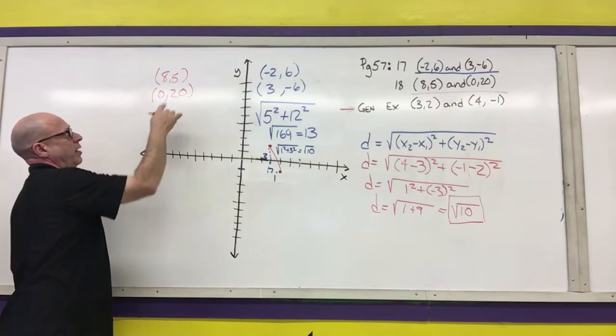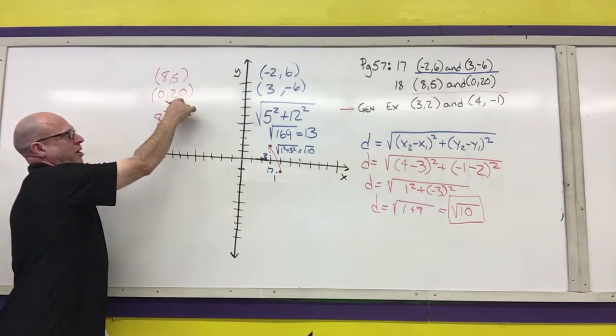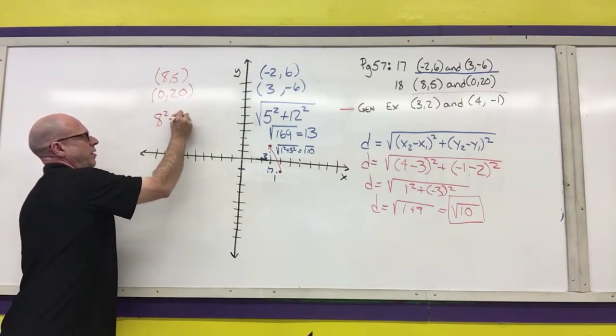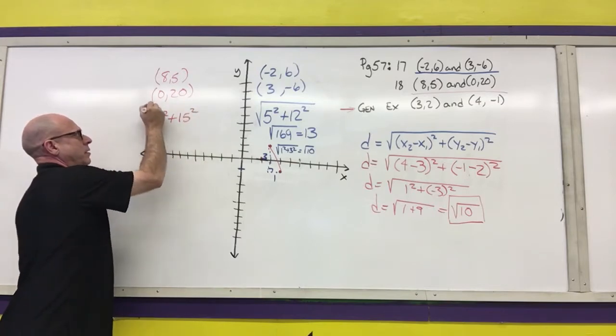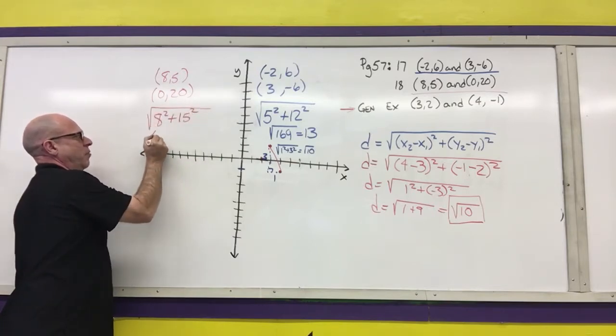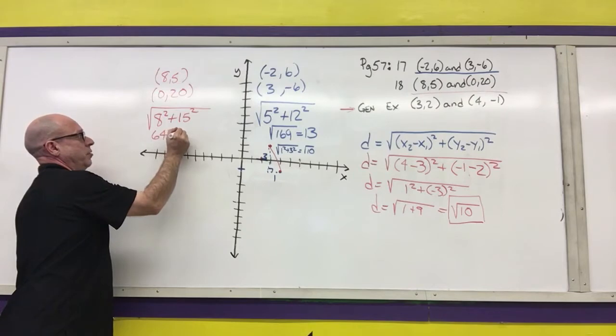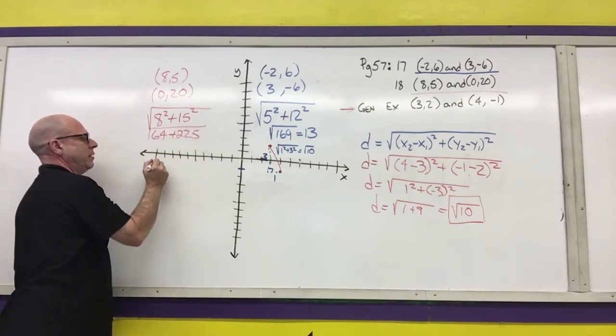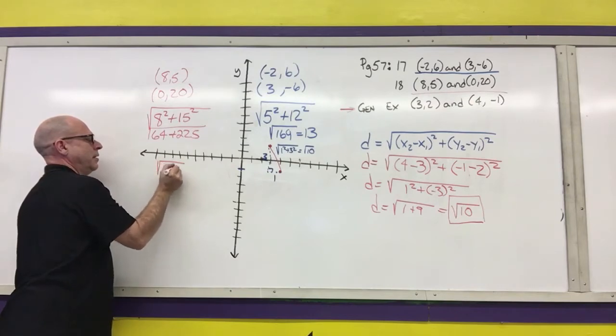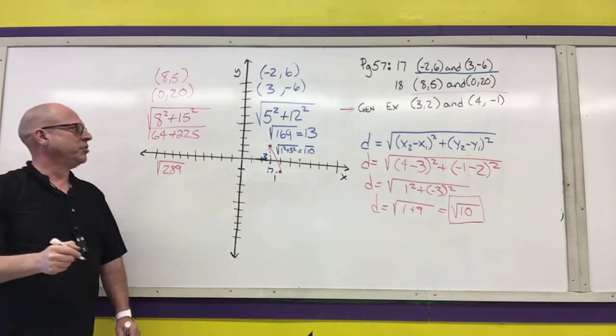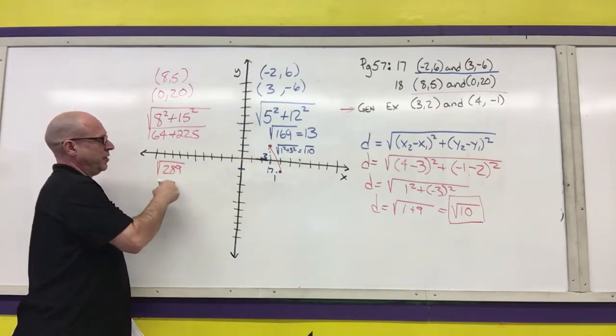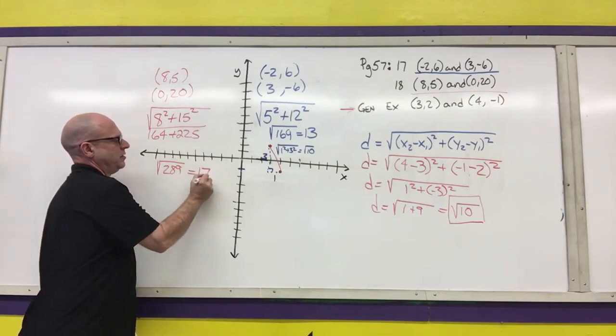So I'm going to write 8 squared. The distance between 5 and 20 is 15. So I'm going to write down 15 squared. That gives me 64 plus 225, which is 289. And if you had me for Algebra 2, that would be a memorized perfect square, and that would be 17.